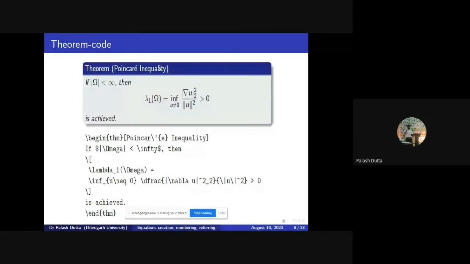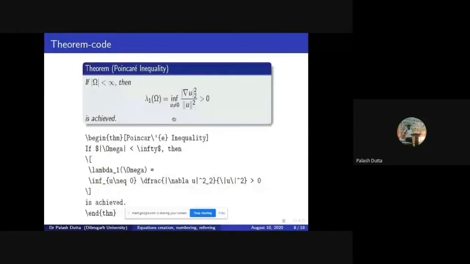For this, if \omega, you can see modulus of omega is strictly less than \infty, it will give you this expression. And for this lambda 1, you can use double dollar instead of this bracket, and you have to end again with double dollar. Then it will bring the expression into the center.